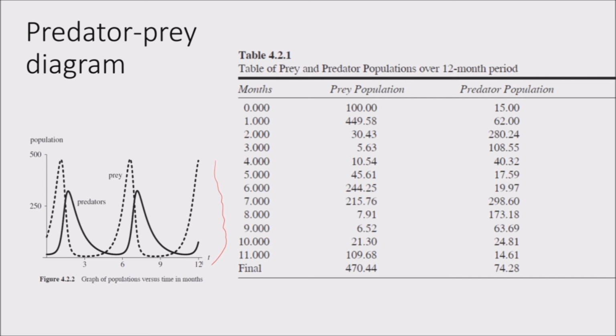And when the predator goes down, the prey goes up. Then the prey reach some point, and the predators go up again. It's a very interesting way to see how ecology behaves and the balance is maintained. When the prey goes down, after a while the predator goes down. So it will go up and down like this.